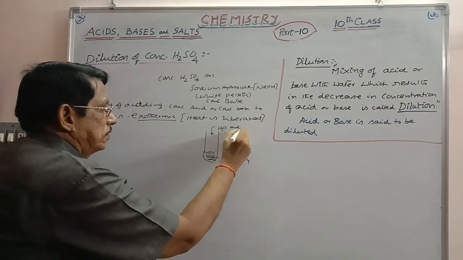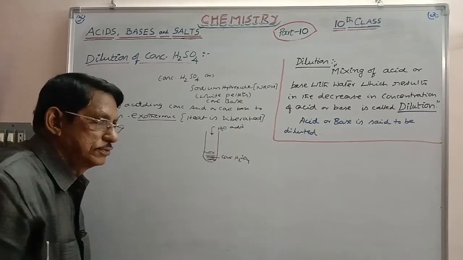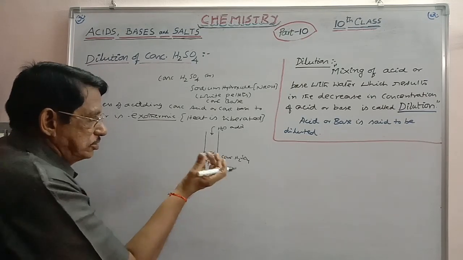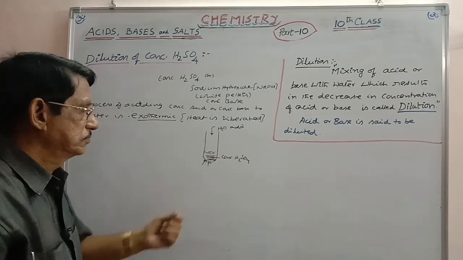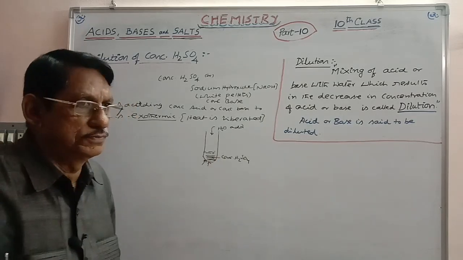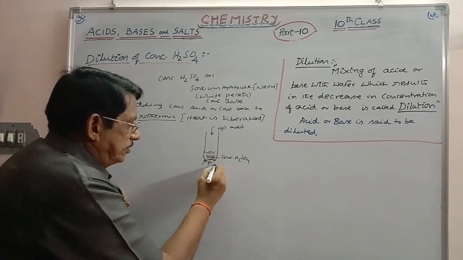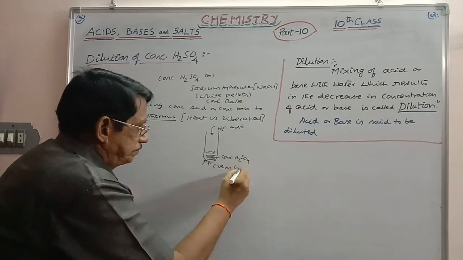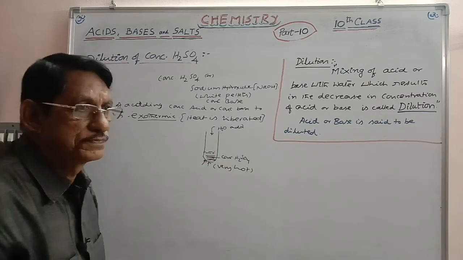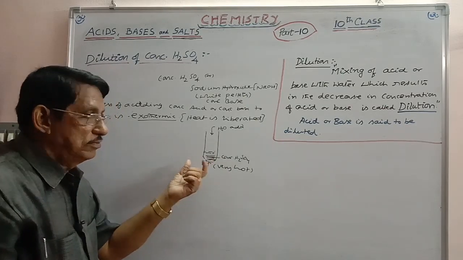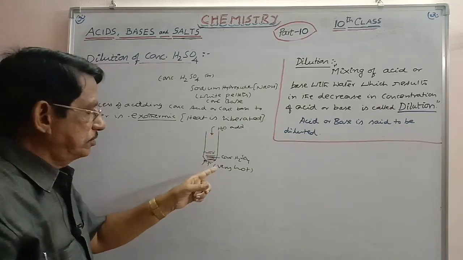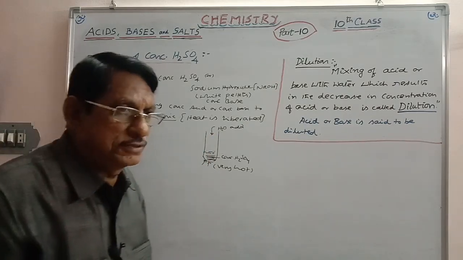Add water to this test tube and touch the bottom where the solution is present. You will feel it very hot. That means what does it indicate? Heat is liberated, and that is why the dilution procedure is always exothermic.